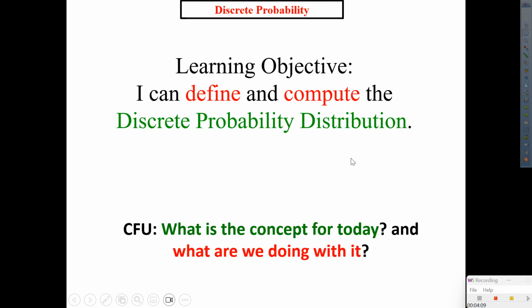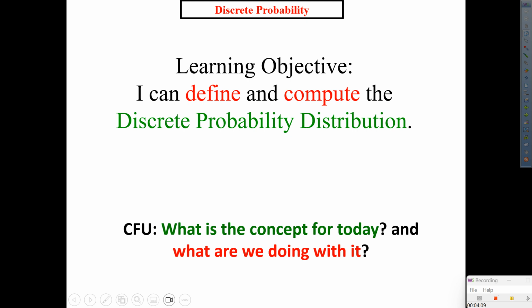All right, so let's get started. I can define and compute the discrete probability distribution. So remind your neighbor what probability distribution was. What was a probability distribution in one word? One word, Chelsea.